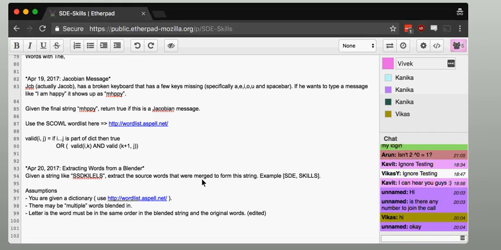Assume each word is a queue of letters, and you have n queues available. You take the top of any queue at random, and you form a word. Like if the words were SDE and skills, it could be SS, DK, ILELS, and that's fine. Now your goal is, given this, to extract the source words that were merged to form the string. There may be multiple solutions.